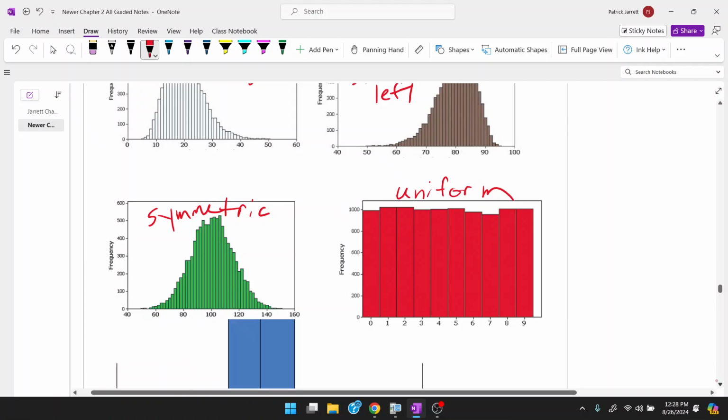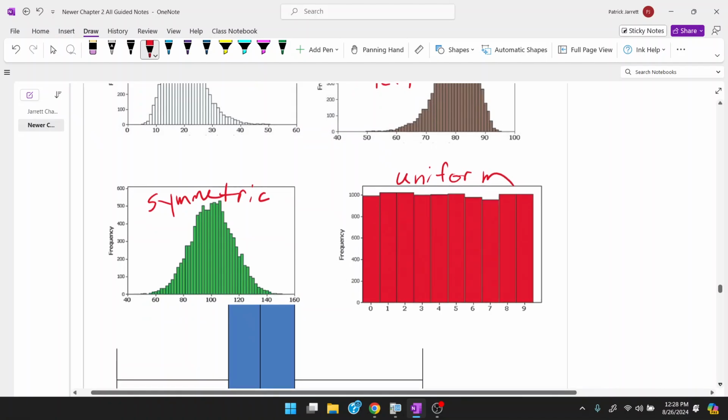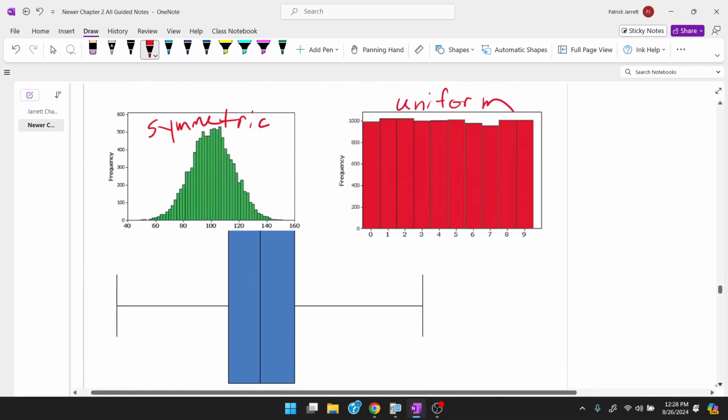Now, box and whisker plots can also be symmetric or skewed. Just look at the tail. This first box and whisker plot appears to be symmetric. Yes? The box and whisker plot?